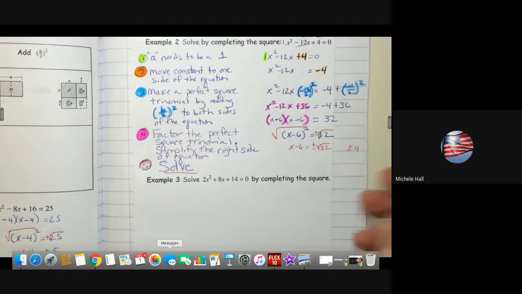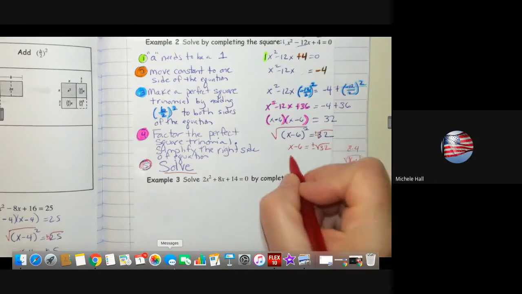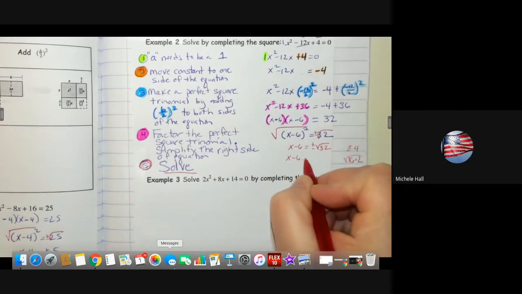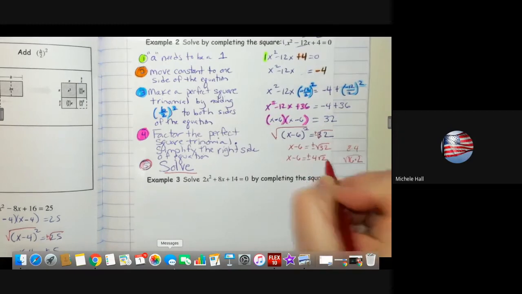So that would be 16 times 2 then. So the square root of 16 is 4, and there's a 2 left under the square root. So we have x minus 6 equals plus or minus 4 square roots of 2.